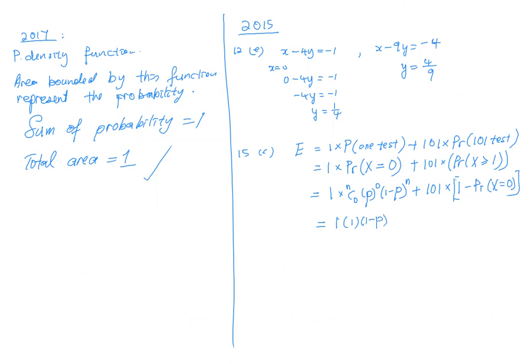So it's 1 times (1 minus P) to the power of 100, plus 101 times 1 minus (1 minus P) to the power of 100. So it's 101 take away 101 plus 1, so you get 100 in the power. You have to start from this formula.